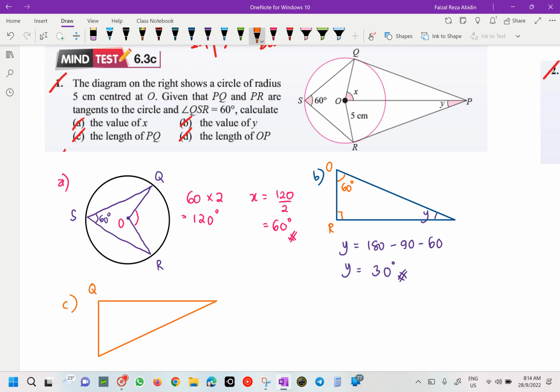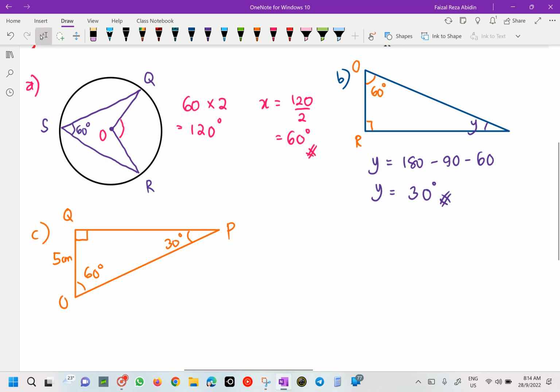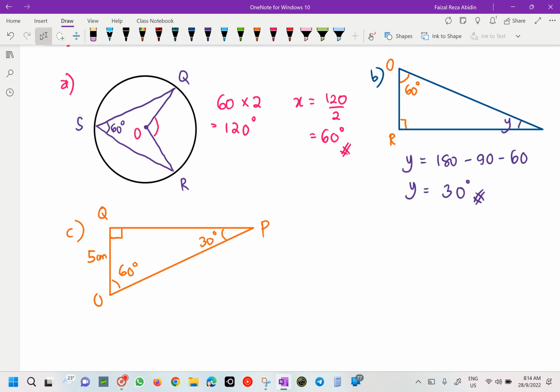So this is going to be Q, this is going to be our center, this is going to be our P. Okay, so over here we have our 60 degree, at our Q here is going to be 90, and also you have already at our P there is going to be 30 degree. And don't forget, the question gives to us what? The radius there, isn't it? 5 centimeter here.